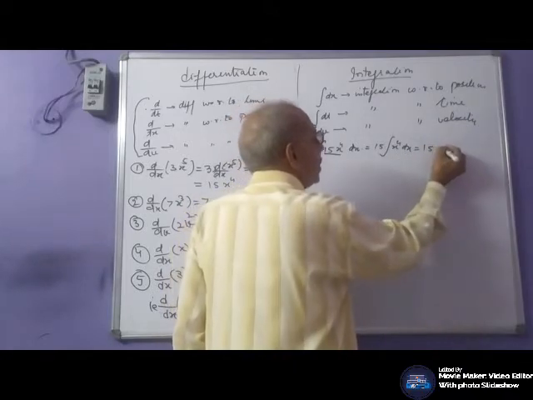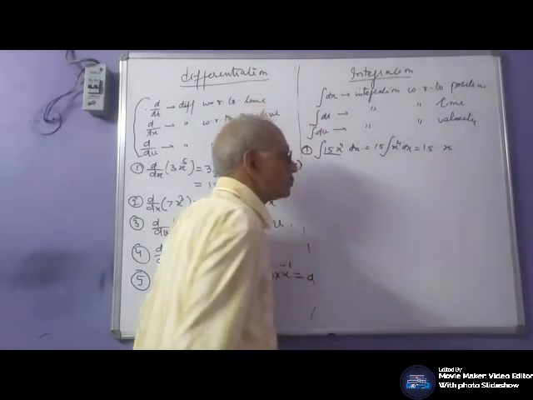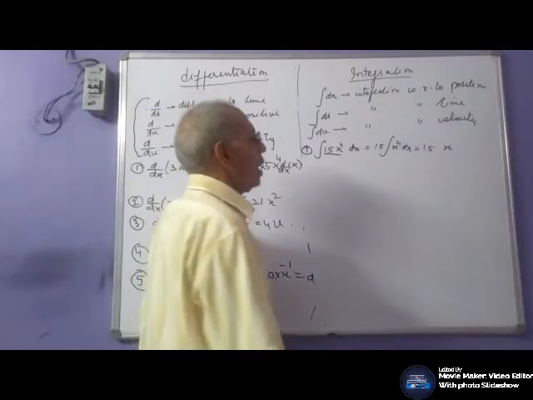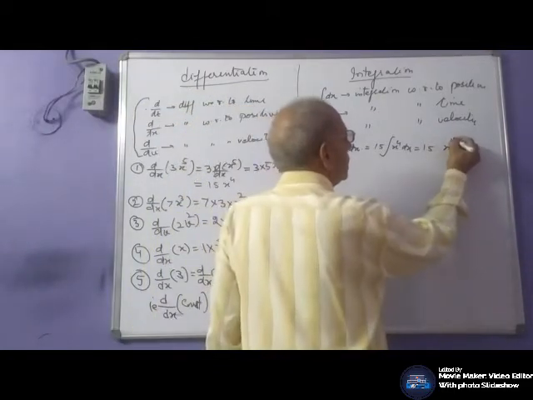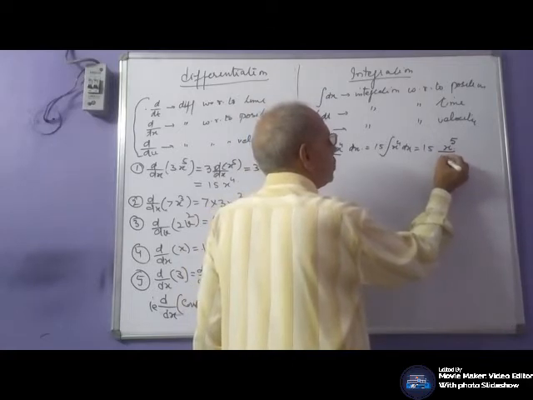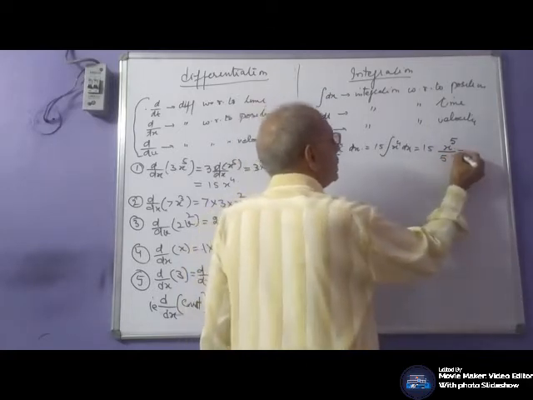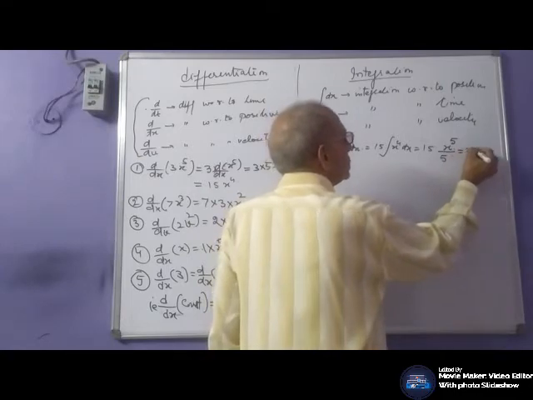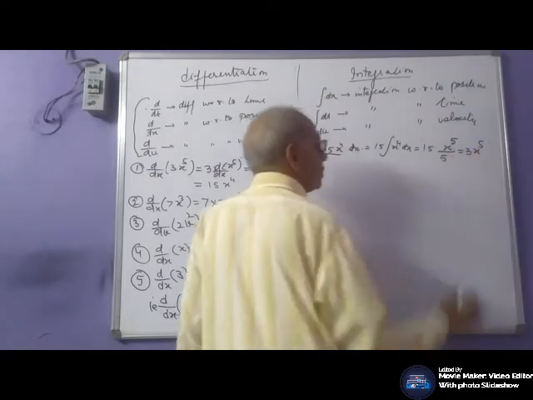Integrate it: add 1 to the power, divide by the same power. It is 3x^5.